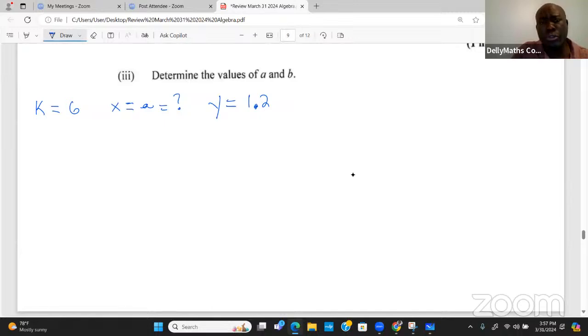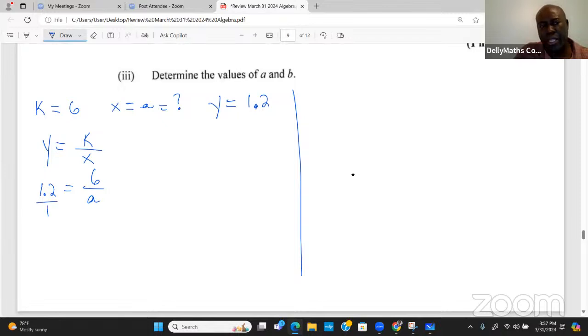So what we're going to do here is simply write back the formula that y is equal to k over x. Y is 1.2 is equal to k, which is 6, over x. X is an a value that we don't know. So what you want to do is isolate the a value now.